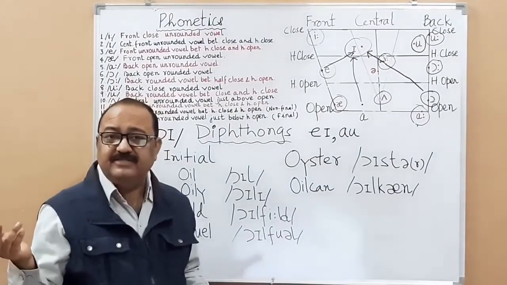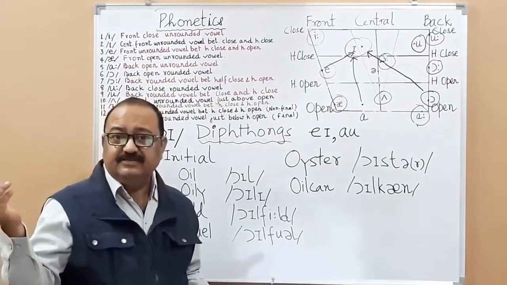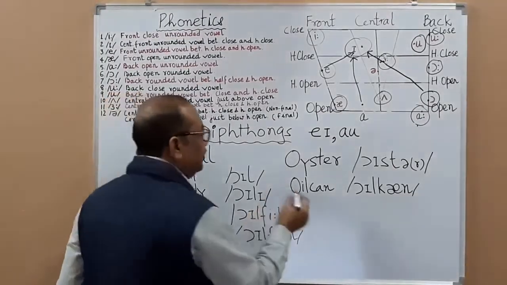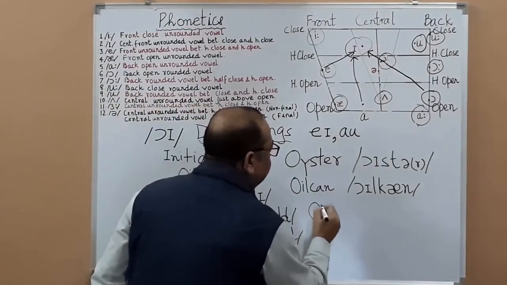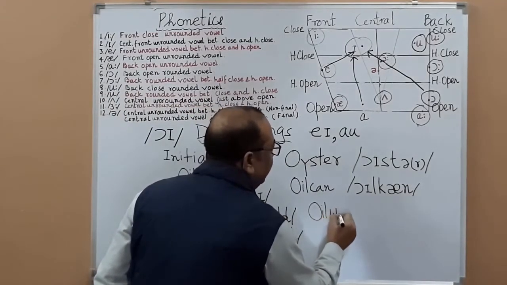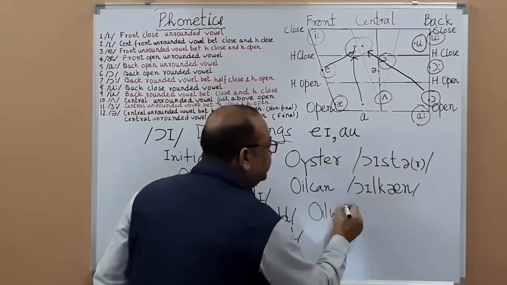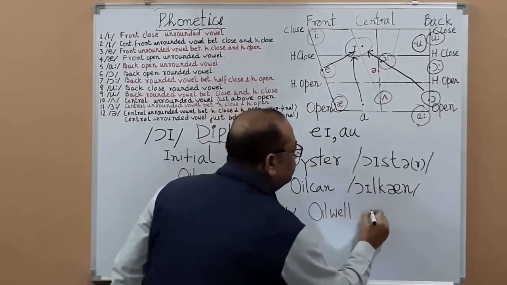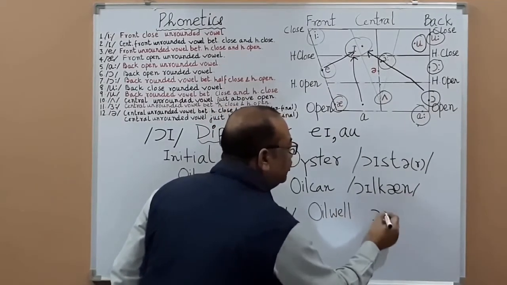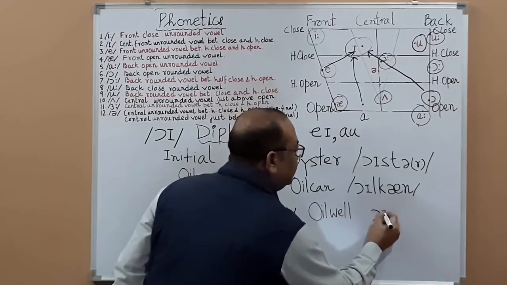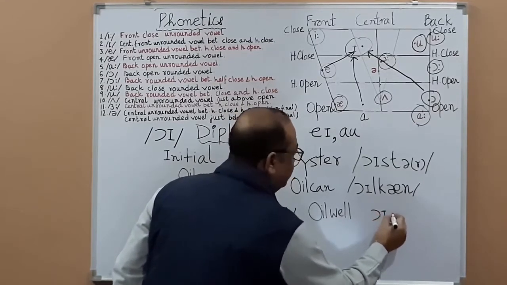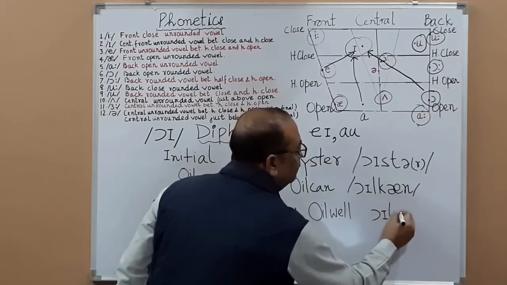And we have oil wells there. Where do we have oil wells? We have oil wells in the Gulf countries. So oil well. How do you write well? W-E-double-L. Say yes or no. I can't hear your voice. Yes, sir. Why are you so silent? Oil well.